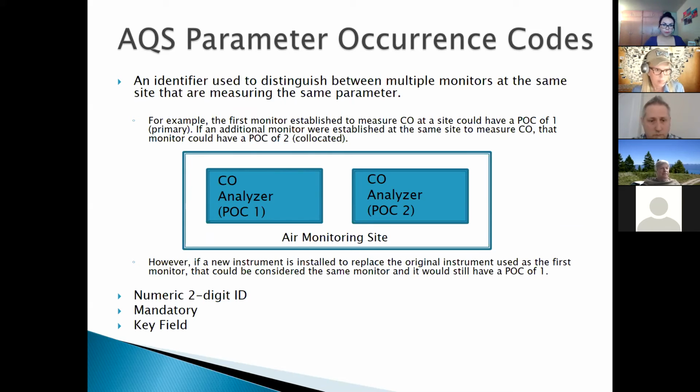However, if a new instrument is installed to replace the original instrument used in the first monitor, that could be considered the same monitor, and that would have a POC of 1. Again, some more attributes: this is a numeric 2-digit ID and is both mandatory and a key field. Also, the numbers don't need to be assigned sequentially, so it's to your discretion.